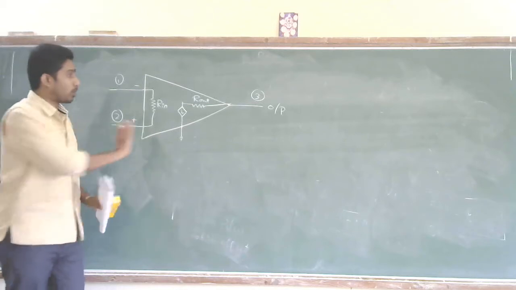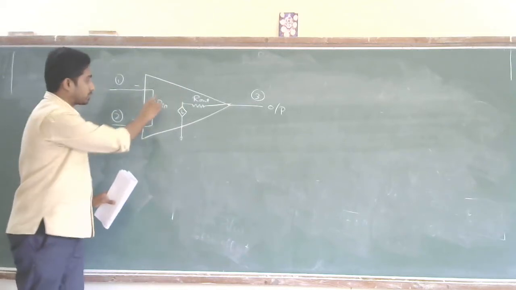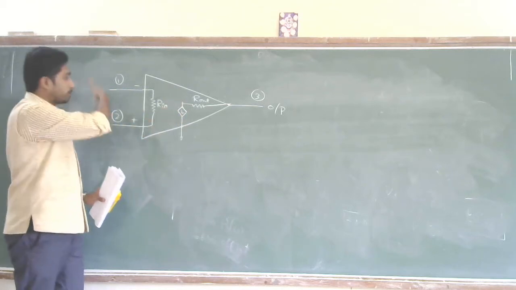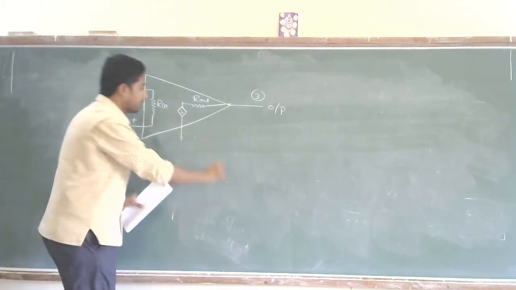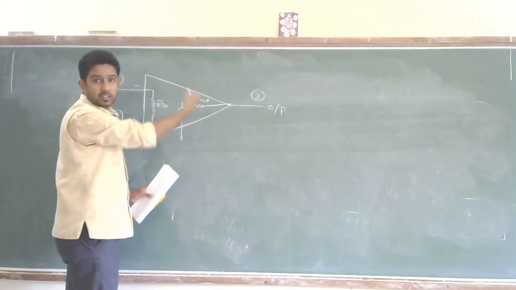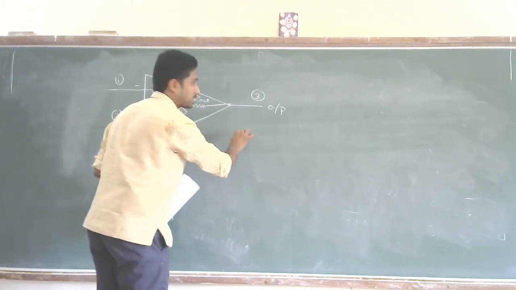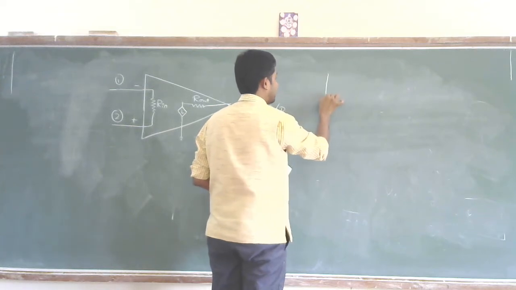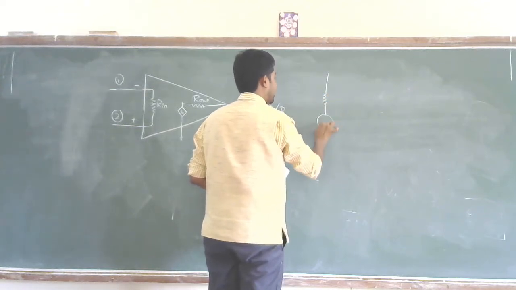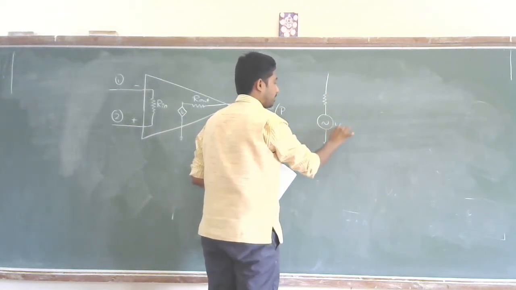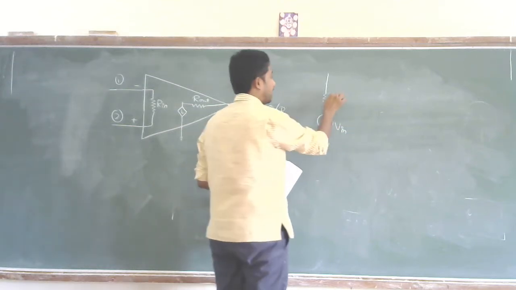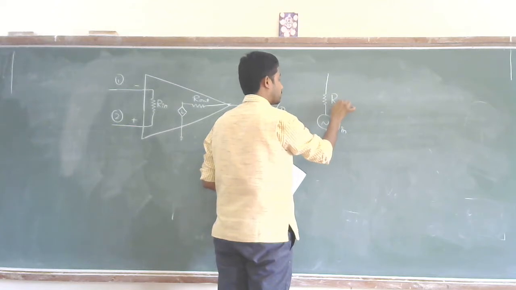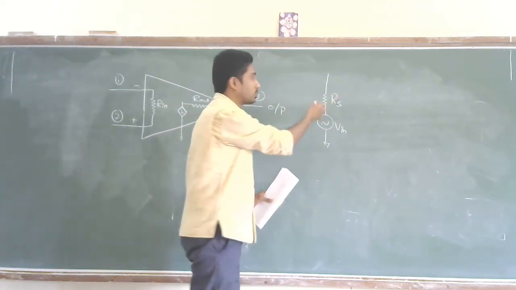Fine. Now I know that the op-amp behaves as a voltage amplifier and it has input resistance, output resistance, a dependent source at the output, and input and output terminals. So let me rewrite this structure in terms of a black box representation. I will consider an input source Vin and an input source resistance Rs, that is the internal resistance of the source.